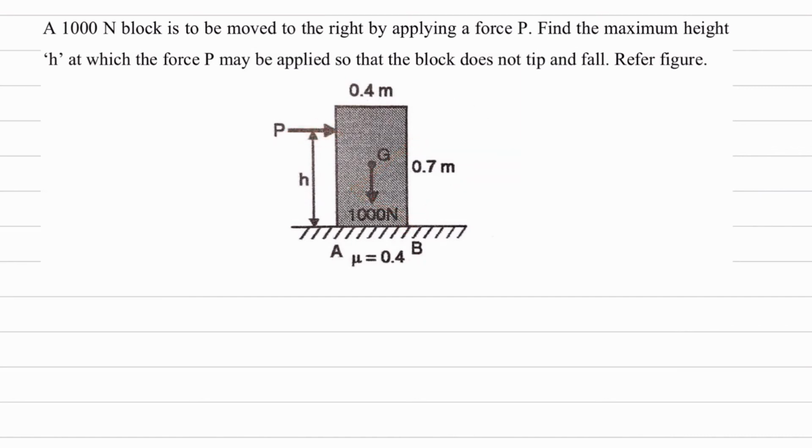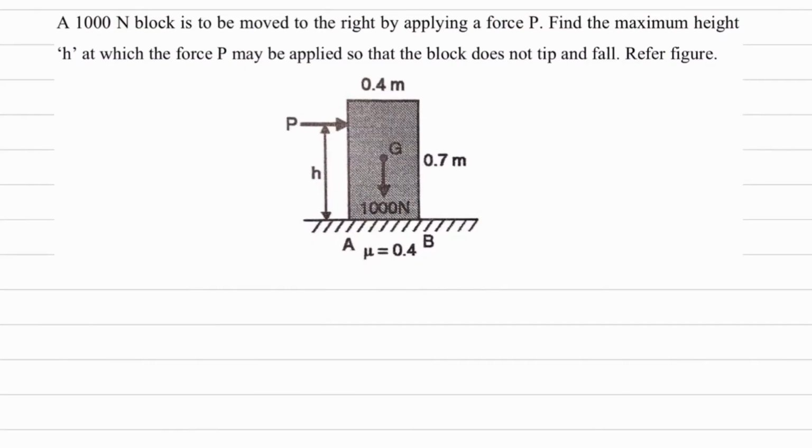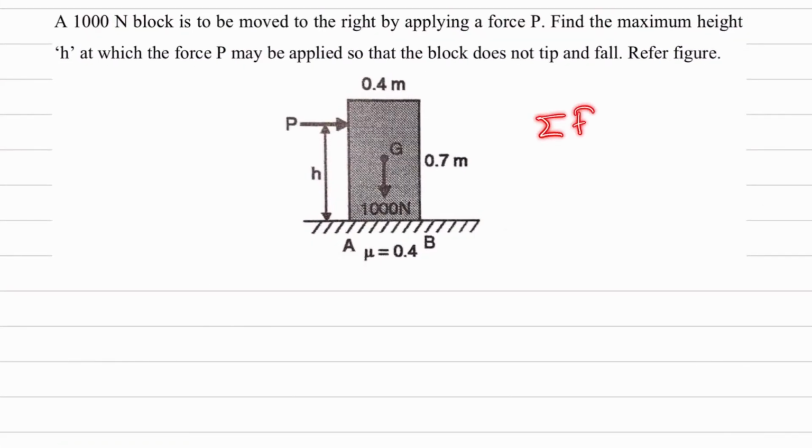Now how to solve this question? We will use the condition of equilibrium, summation Fy equal to 0, to calculate normal reaction. Then we will use summation Fx equal to 0, where we can calculate value of P. Now since the effort applied is towards right, and it is given in the question that effort is used to move the block to the right, impending motion is towards right, so friction force will be towards left.